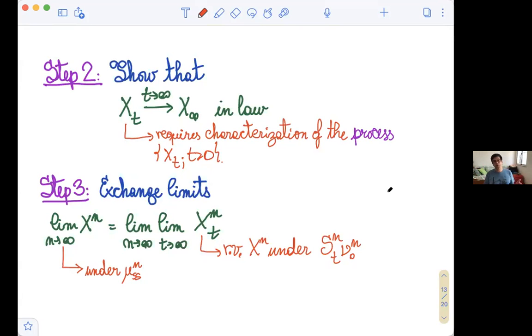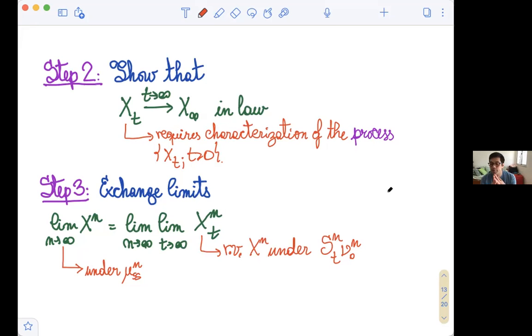And this process probably satisfies an equation. And now that you have an equation, you can send t to infinity and see what happens with this equation. And usually this is easier to do than at the beginning because your limiting object is easier to characterize. And that's the idea of this universality thing. Actually, this process is going to be the same for a wide class of Markov chains. And then step 3 is to change limits.